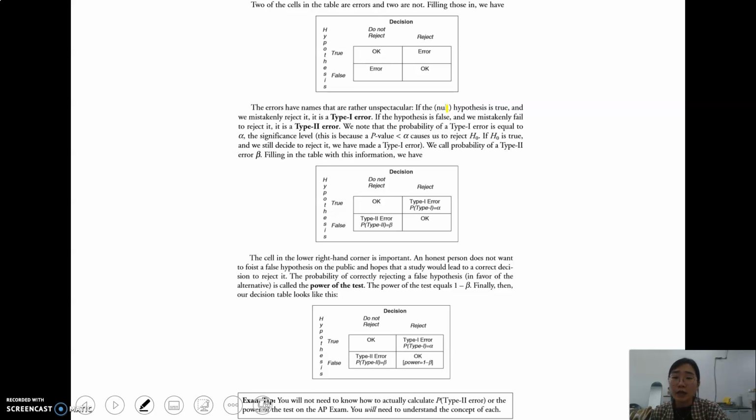So I want you to read about this, especially if you're still confused about the power and alpha and the relationship between the 2. I'm not going to go over this because that wasn't the part that this question focused on. But I think I shared the link to the AP Statistics video on YouTube by College Board.